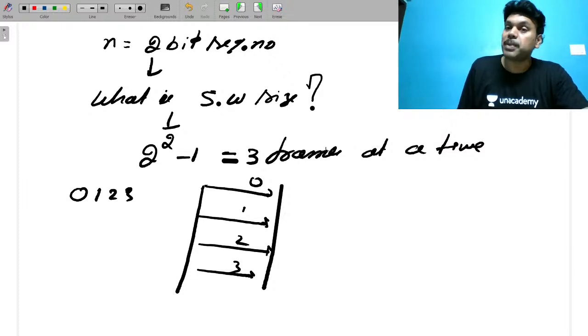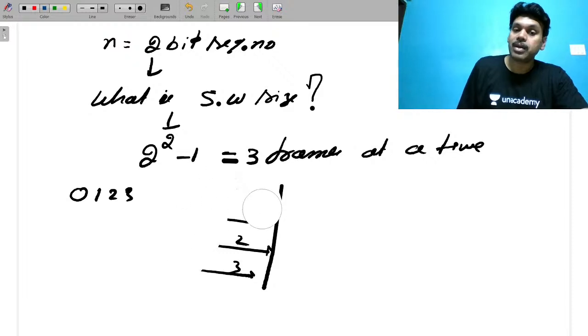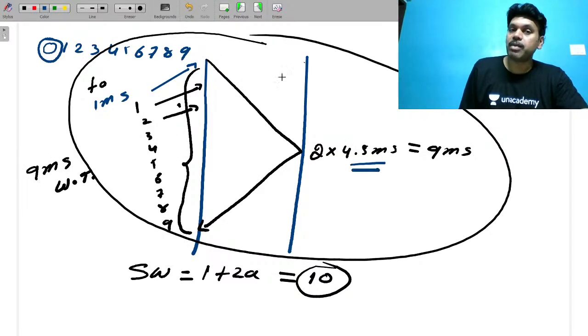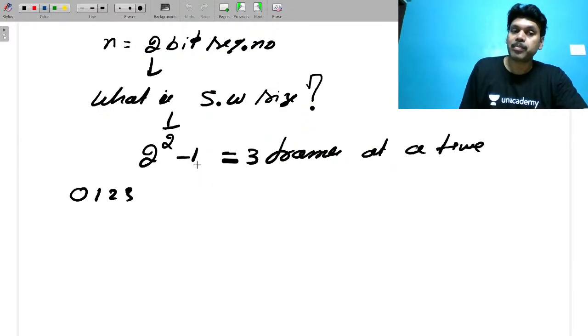But your TP time is how much? Acknowledgement time of your frame is how much? Please understand carefully. Acknowledgement time of your first frame is 4.5 ms, I said according to the previous example. So 4.5 ms is your TP.